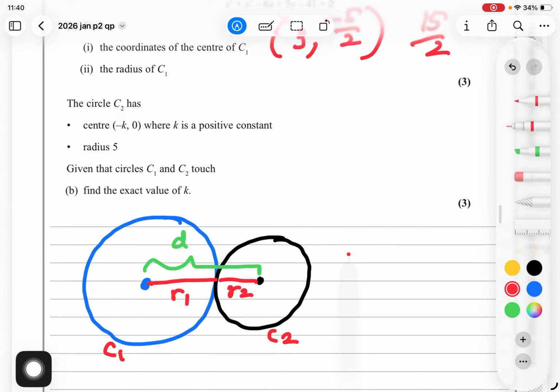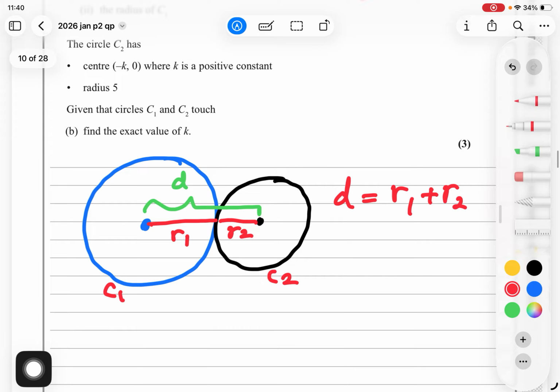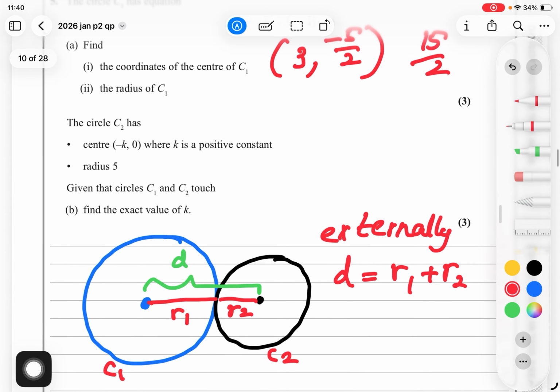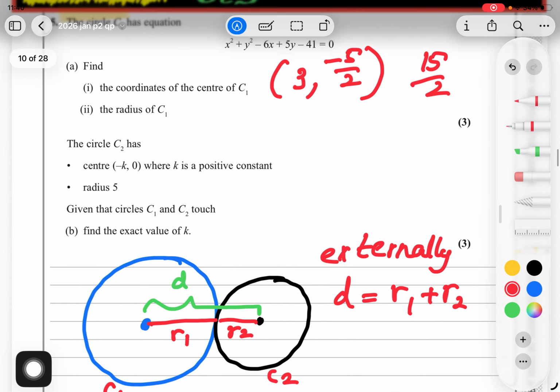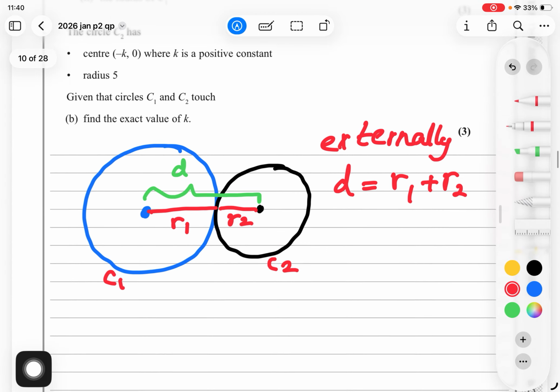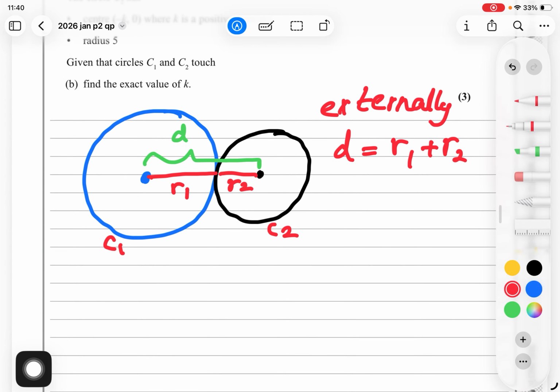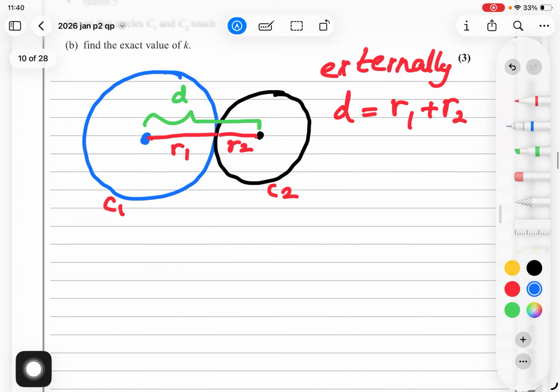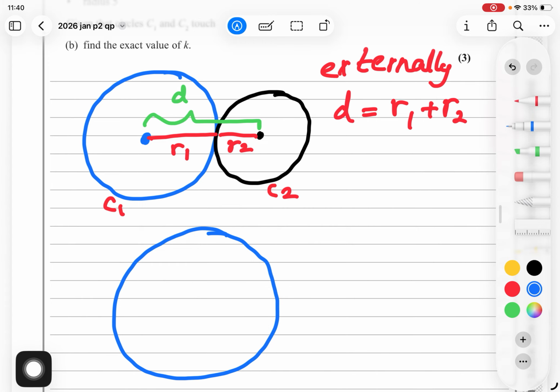So D is R1 + R2 if they touch each other externally. But in this question, there is not much information about whether they touch externally or internally. I think with the points we can work it out, but let's quickly analyze what they are talking about here. Another option is if the circle is like this, the second circle can also be like this.